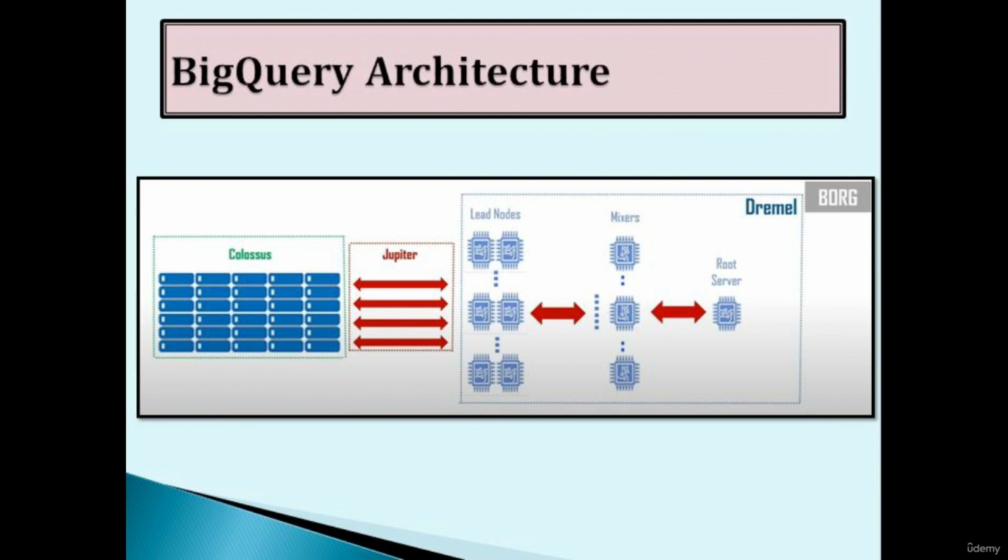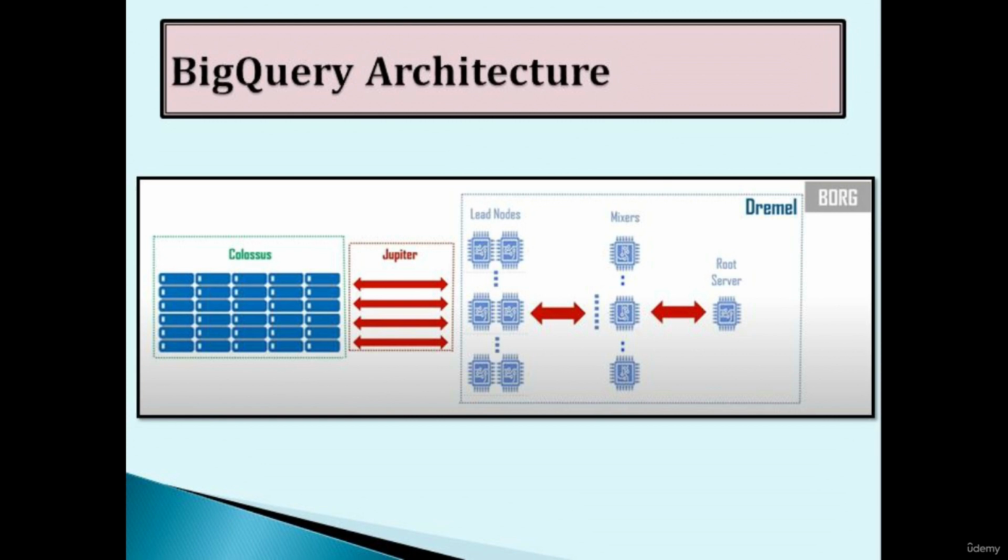The leaves of the tree it calls slots and do the heavy lifting of reading the data from Colossus and doing any computation necessary. The branches of the tree are mixers, which perform the aggregation. In between is shuffling, which takes advantage of Google's Jupiter network to move data extremely rapidly from one place to another.